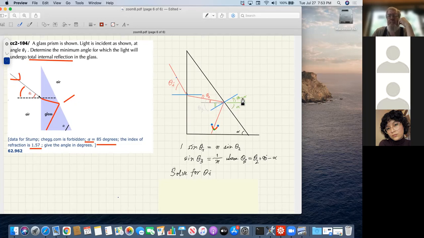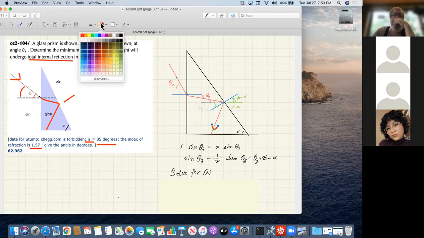It'll be this angle. No, it'll be this angle. Let me put it in a different color. Try green. No, I already used green. Let's try gray.